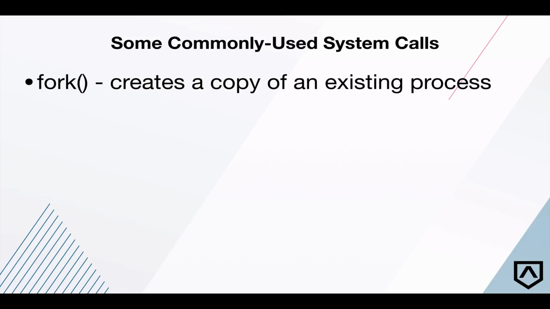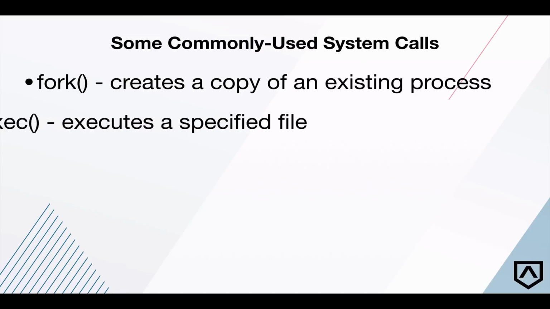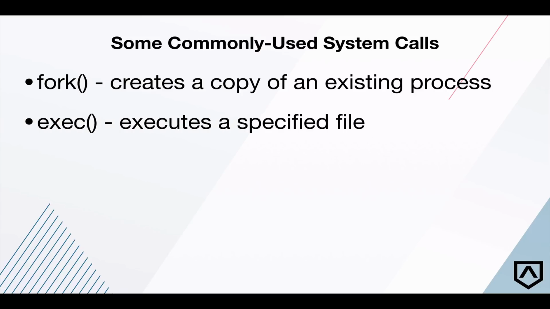And basically the way fork works, and we'll talk about fork more later on, is that it creates a copy of an existing process and it spawns that as a child process, essentially. Next up is a family of system calls that share the label of exec, and these system calls will execute a specific file. Basically what it means is that exec will execute an arbitrary program.